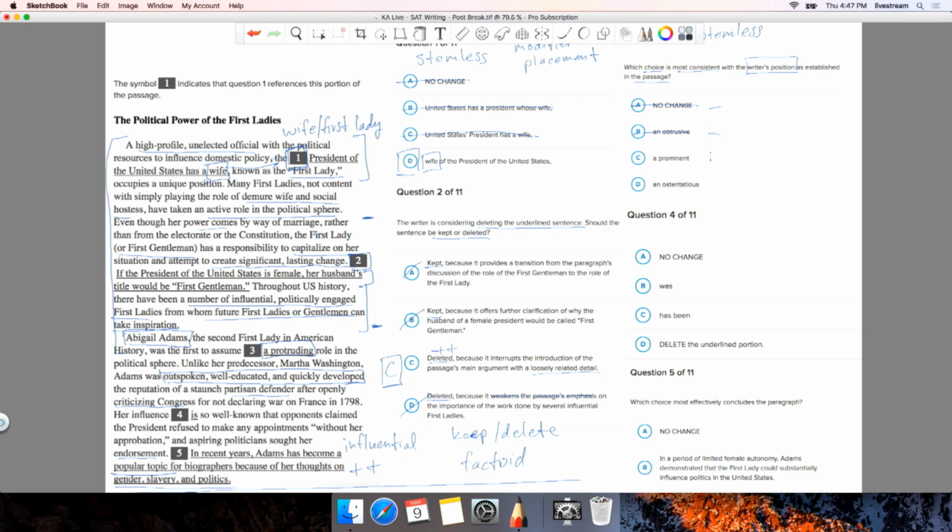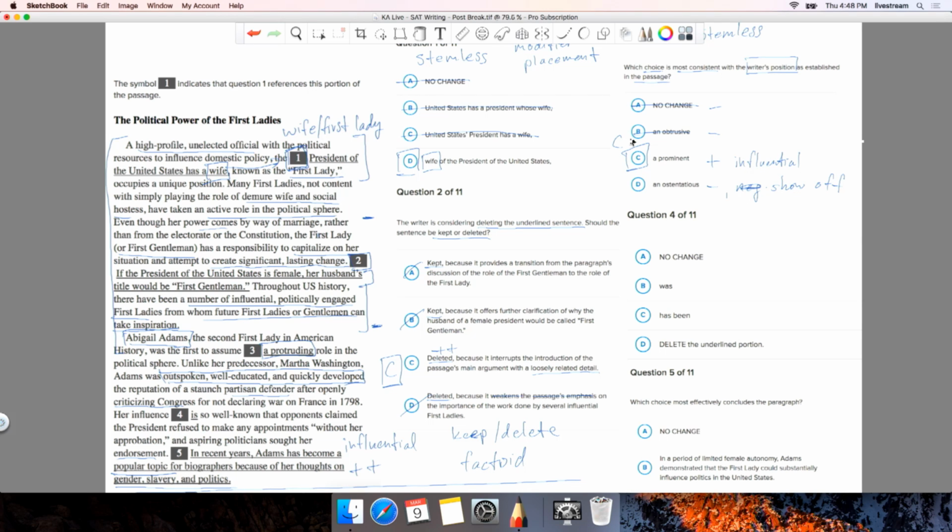That has a positive connotation and roughly means influential, significant. And so that one I like. And then the last one, an ostentatious role in the political sphere. That one, again, has a negative connotation, a bit more of a show-off meaning. And so my final answer here is going to be C.